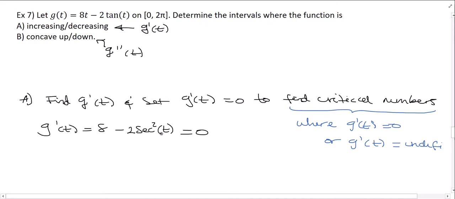So where is secant undefined? I have to look a little bit more into the domain of the function too, but here, just for the derivative, where is secant undefined?